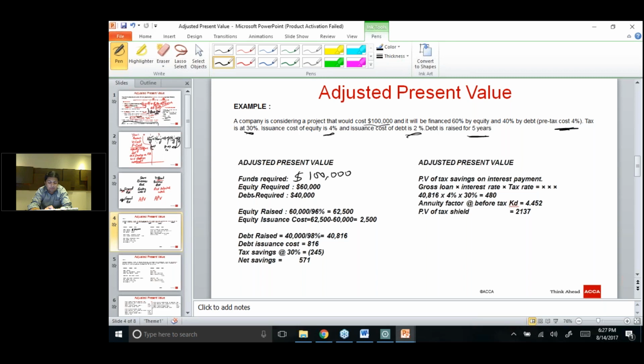What are the different proportions required from debt and equity? 60% of funds are required from equity, 40% from debt. So $60,000 is required from equity, $40,000 is required from debt.